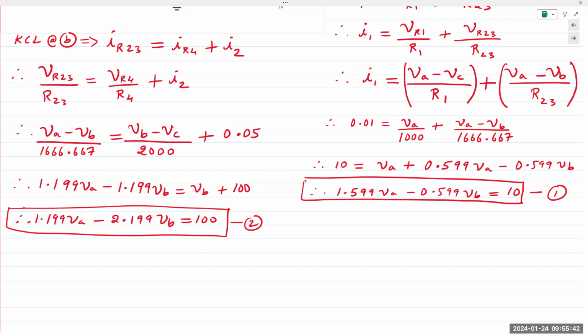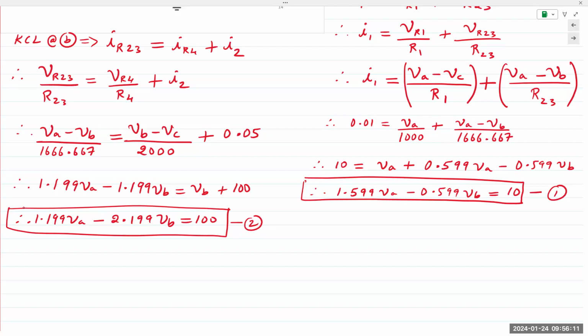The point of the analysis technique is to write as many equations as there are variables, or basically enough equations to be able to solve for the values of those variables. In this case, I have 3 nodes. One is my reference node, so I have 2 unknown variables, VA and VB. And so I would like to write 2 equations. Once you have those 2 equations, solve them with any technique you want. You can solve them using a calculator directly.